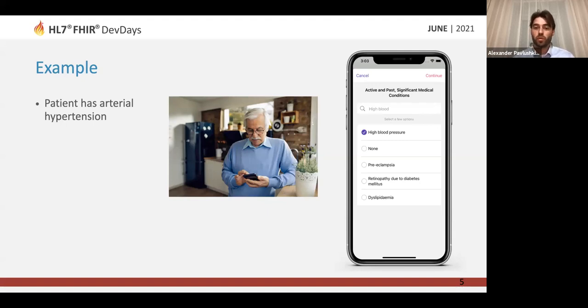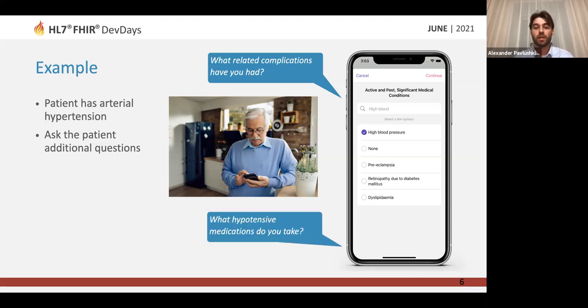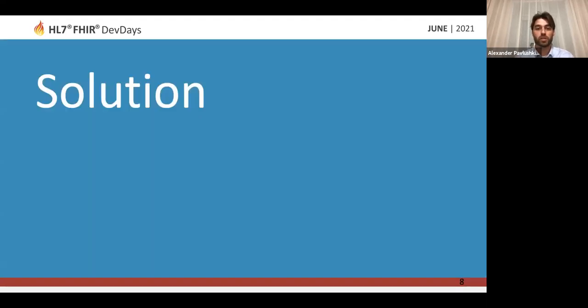What we want further is that the app understands that it is actually high blood pressure and asks the patient some additional questions, like what related complications the patient has and what hypertensive meds he takes, and so on. And it would be nice if this app had some conversational UI. It's just for convenience for the patient.